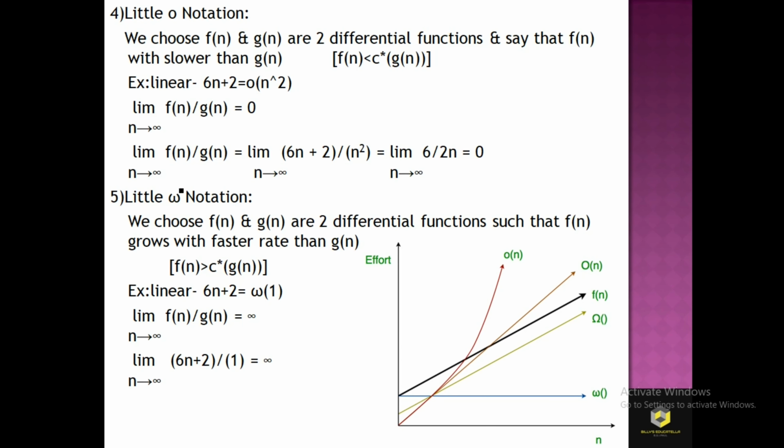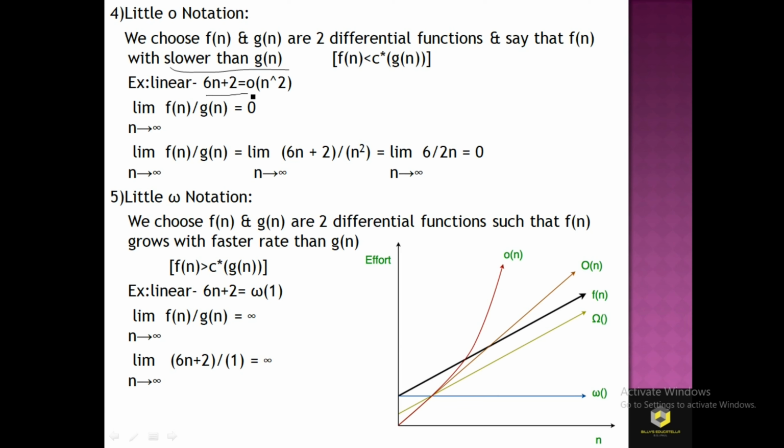Coming to the little o notation, we choose f of n and g of n as two differentiable functions and say that f of n grows slower than g of n. When explaining big O notation, f of n moves at a slower or equal rate, but here it is strictly slower than g of n. f of n must be less than c times g of n.